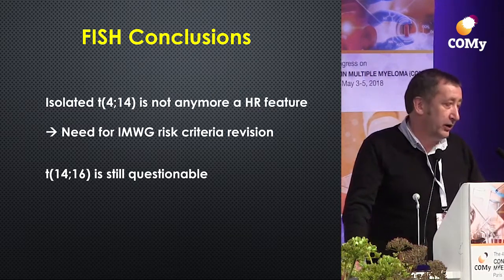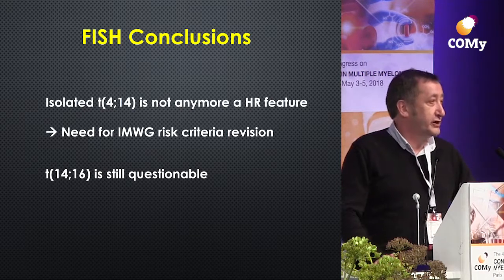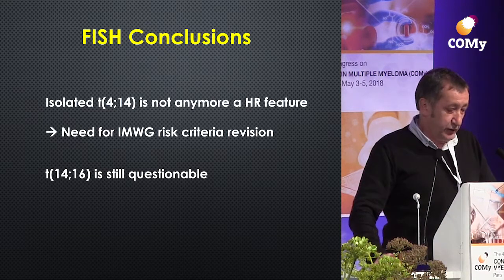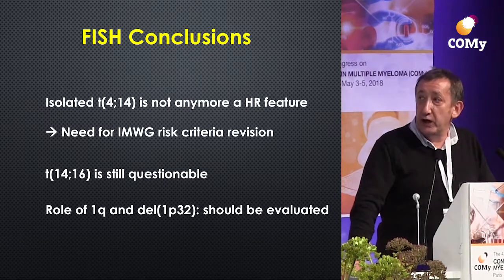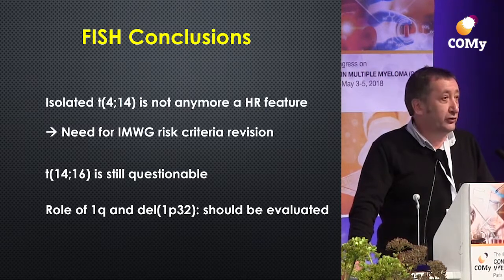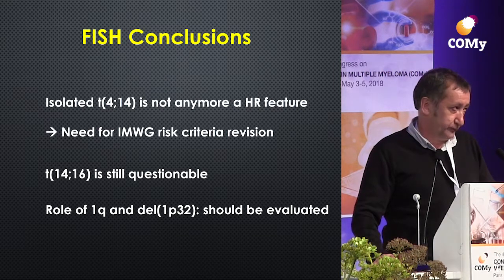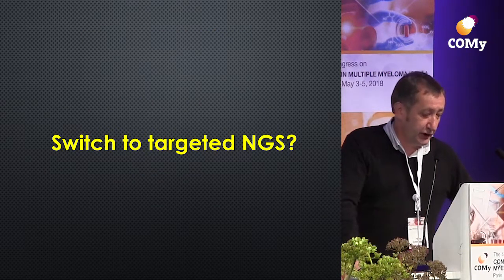It is really rare, 3% of the patients, and so you need to have thousands of patients to be able to confirm the prognostic value of the 14;16. And then 1q gain and deletion 1p, we need to have more data to try to validate these two abnormalities for the future. So the question now is, okay, FISH is good.